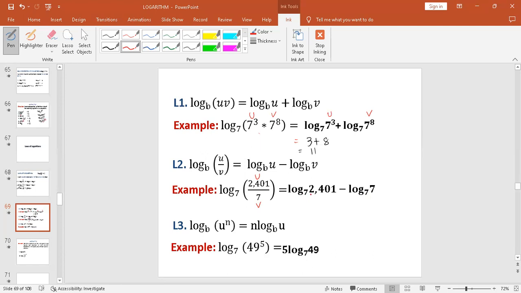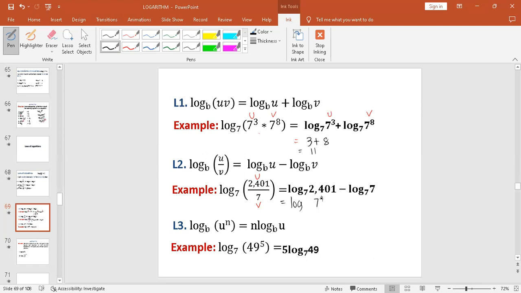2,401 yung Y. Ma'am, parang wala namang properties na pwedeng i-apply dyan. Try nyong i-manipulate. Tingnan nyo yung base class. Baka kayang iparehas sa 7 yung base nitong 2,401 when expressed in exponential. So, 2,401 can also be expressed as 7 raised to 4.